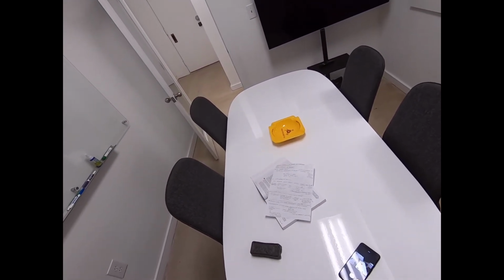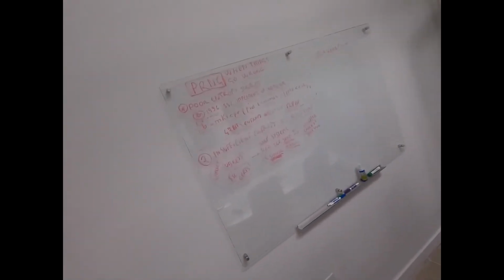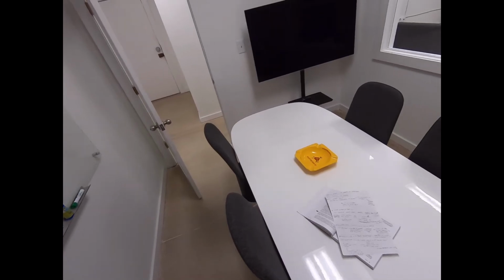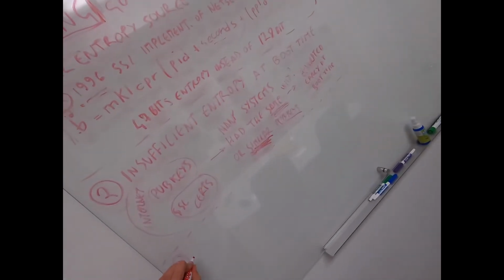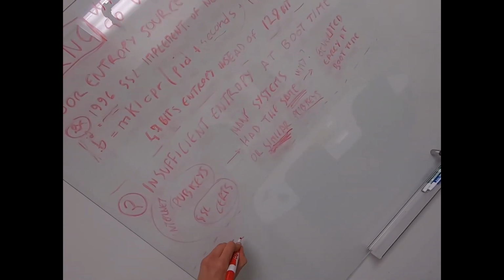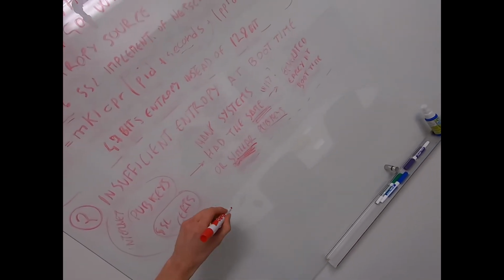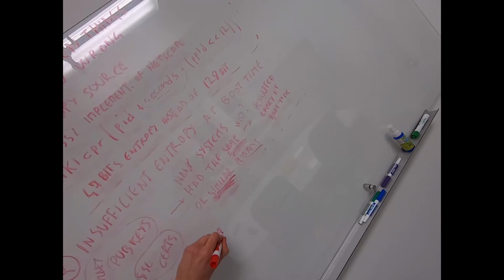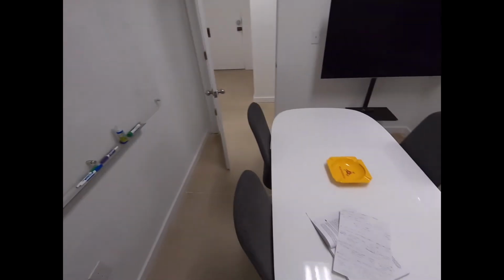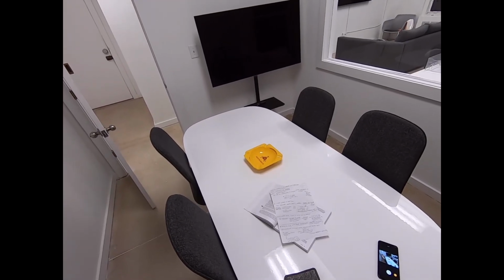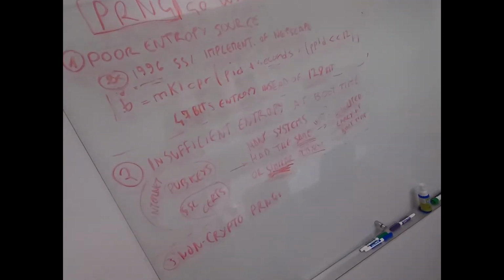Third one, we talked about this before, but I'm just going to go over it a little bit more: using non-cryptographic pseudo-random number generators. There was a very specific instance of this, which was MediaWiki.